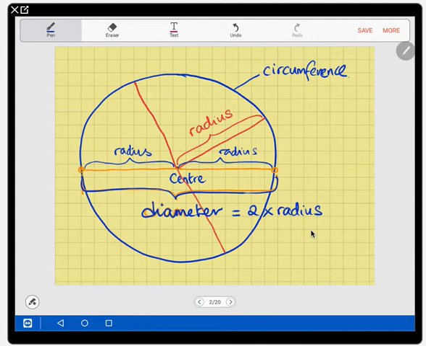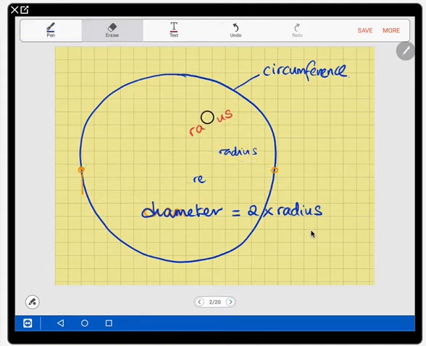All right, now I move on. I'm not going to draw another circle because I'm not very good at drawing circles.